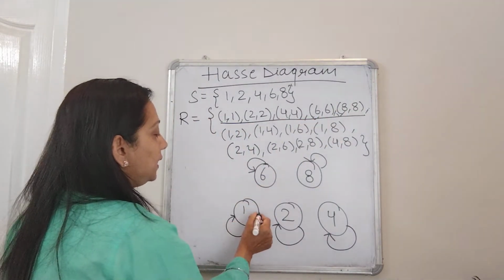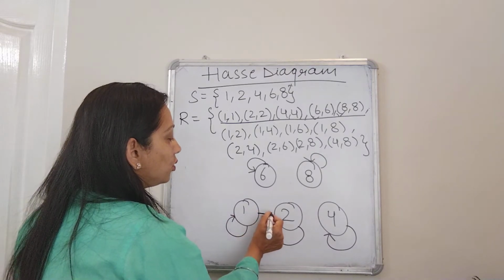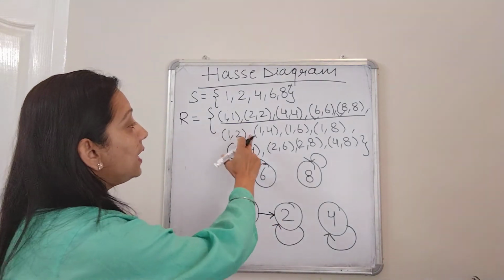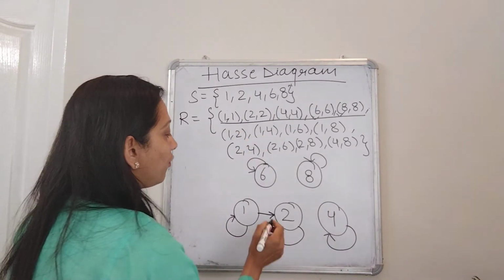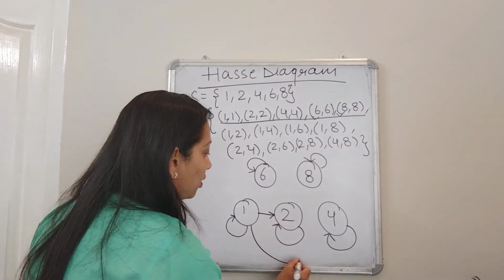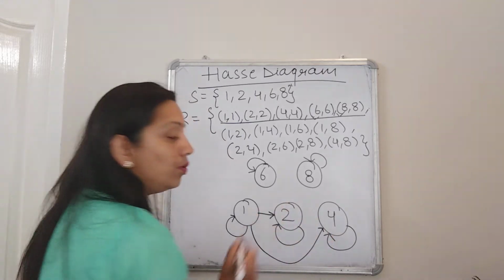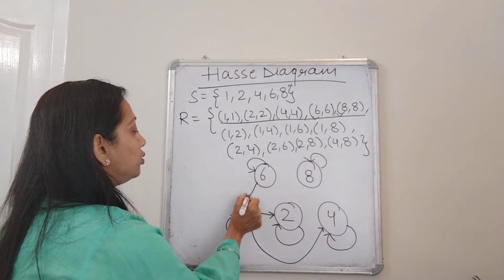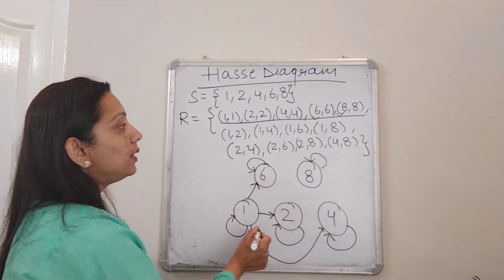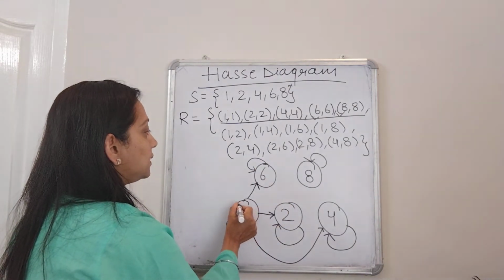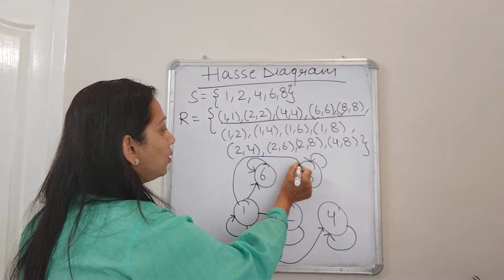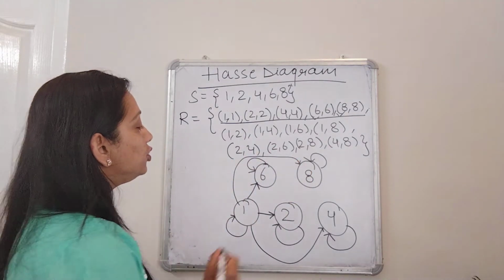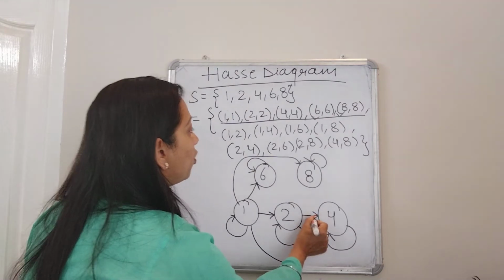Then I can see that 1 is related to 2. So an arrow goes from 1 to 2. Right? Then 1 is related to 4. So 1, 2, 4. Clear? Now 1 is related to 6. Then 1 is related to 8. Fine? And then 2 is related to 4.